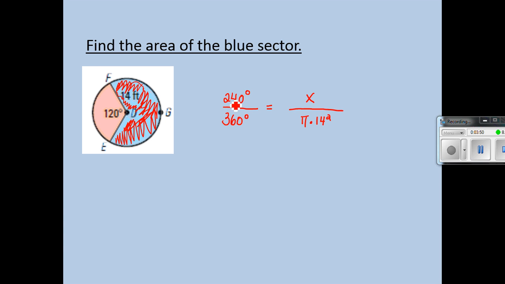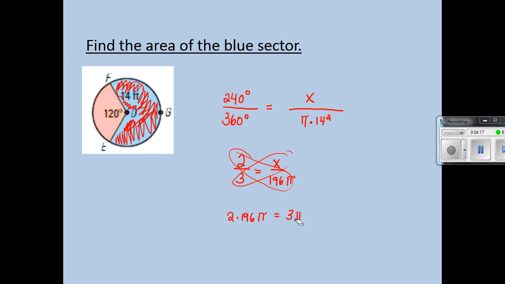Okay, I'm going to simplify 240 over 360. You don't have to do that. I just do that so that it makes it easier for me to do the mathematics. That would be 2/3 is equal to x over 196 pi. And now I'm going to cross multiply. So I'm going to get 2 times 196 pi is equal to 3x.